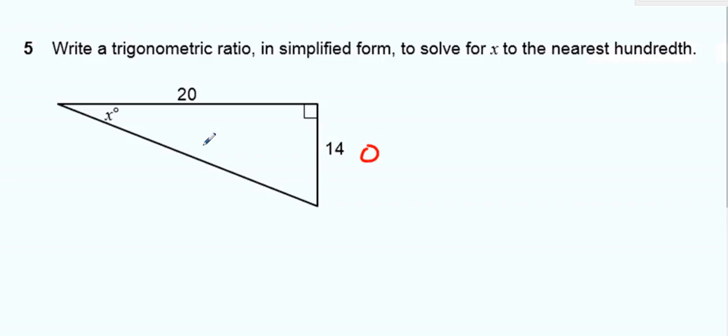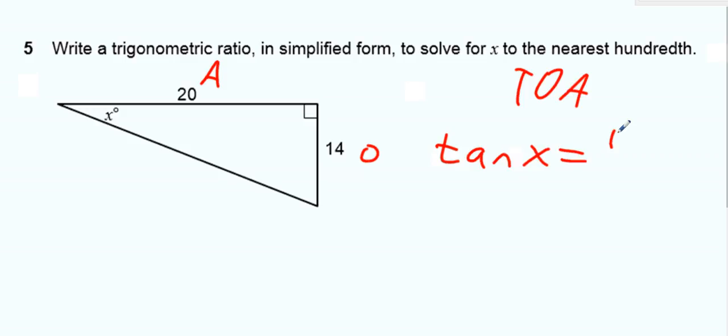Identify your sides. Opposite. This is the hypotenuse, this is adjacent. So we're looking at TOA, we're going to do tangent. X equals opposite over adjacent. And again, since we're trying to solve for the angle, we do inverse.